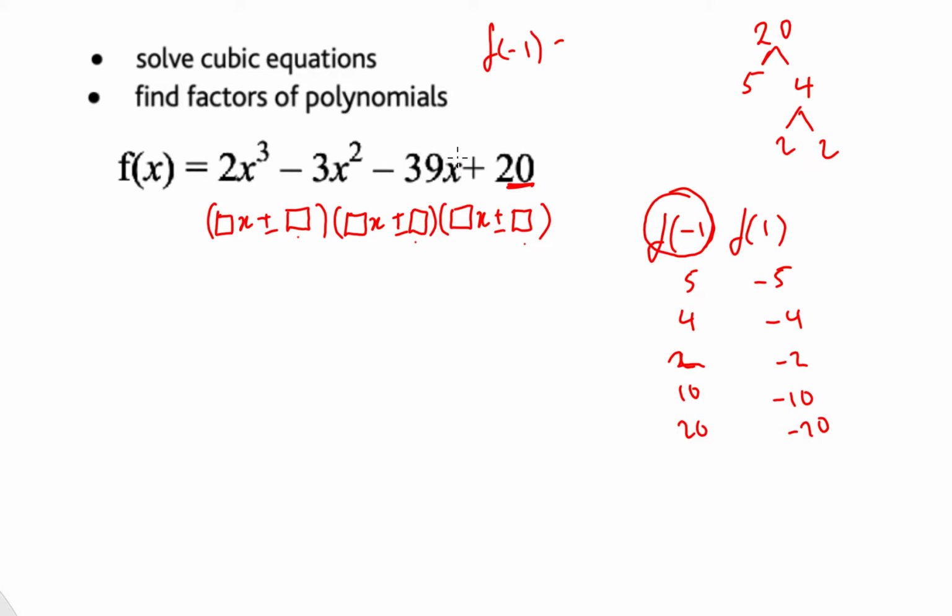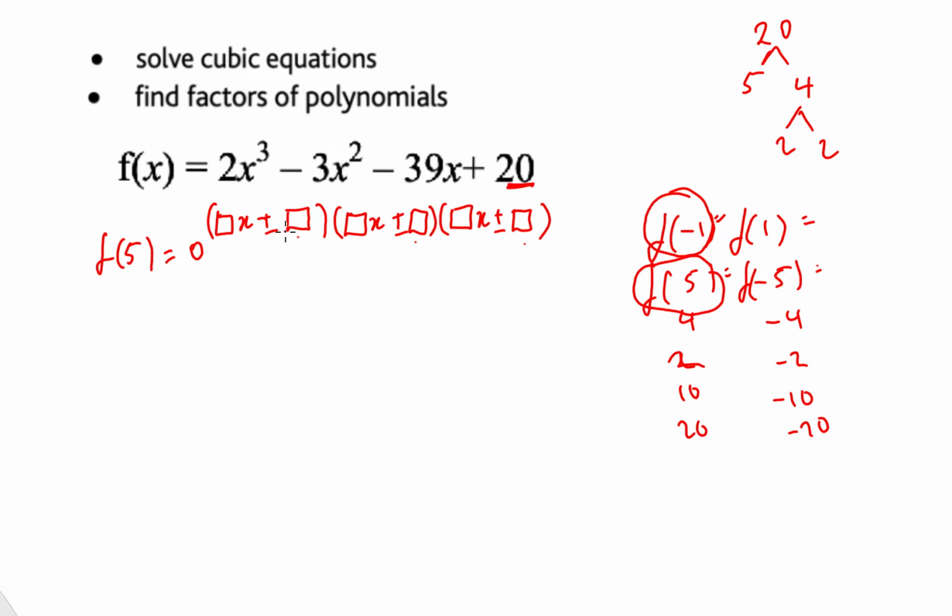Okay, so what we're going to do is take an informed guess. We're going to write all the factors of 20, both positive and negative, and substitute them all into our cubic and find which one results in a value of 0. You should find that f of 5, this one here, results in a value of 0. So when you sub in f of 5, we get 0.